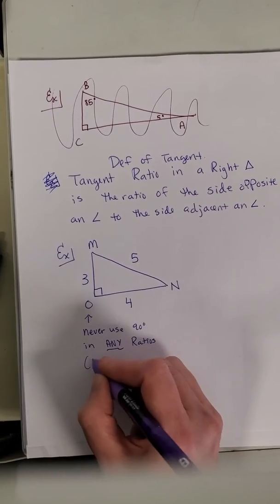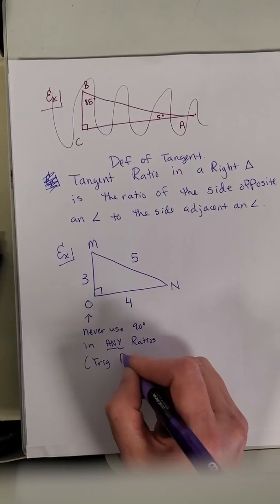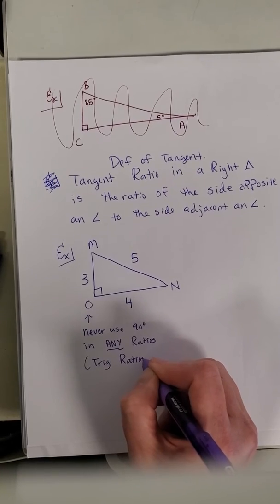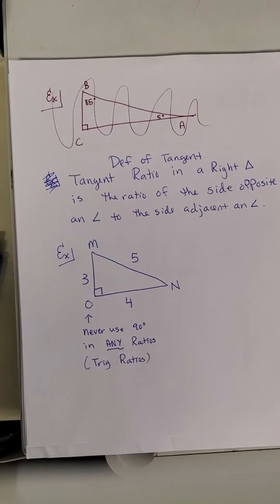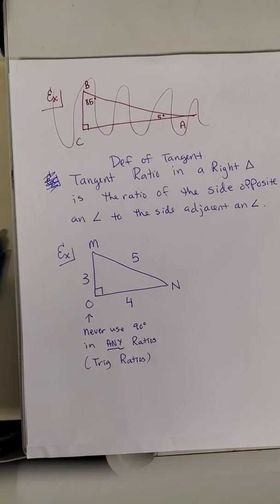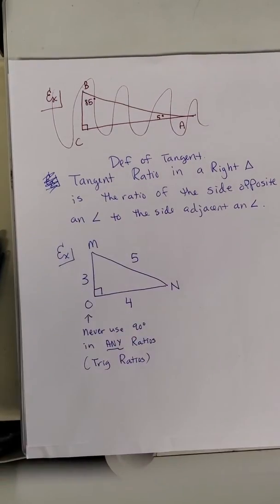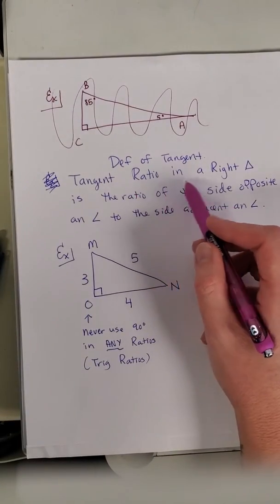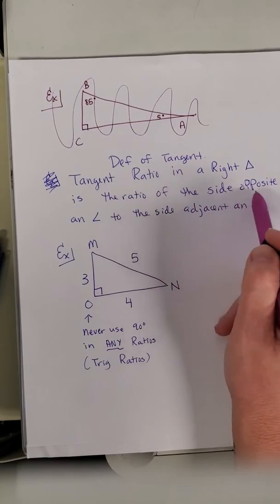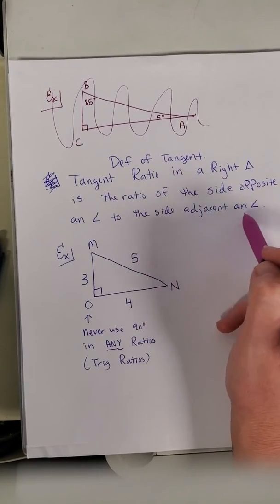And these are actually called trig ratios, and we never use the 90-degree angle. Again, I talked about why. It's because across or opposite is the same as the hypotenuse, and so there's no definition for some of these items. All right, so the tangent ratio in a right triangle is the ratio of the side opposite an angle to the side adjacent an angle.